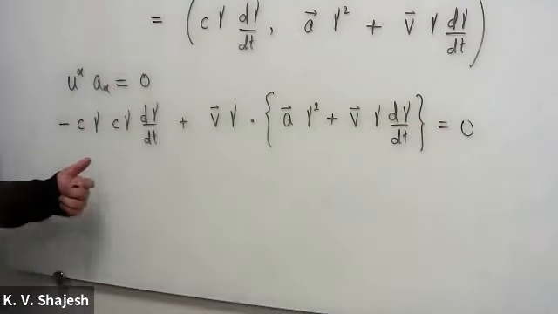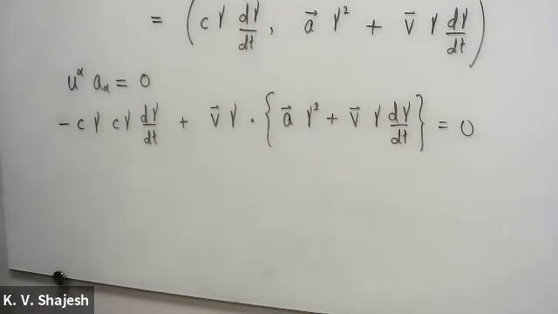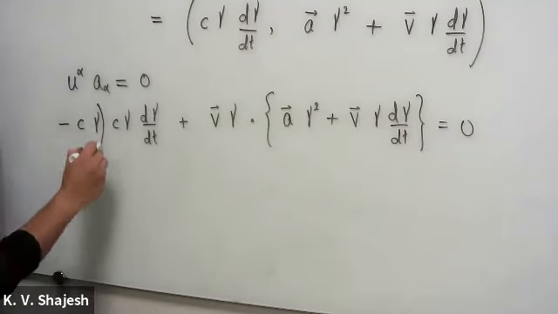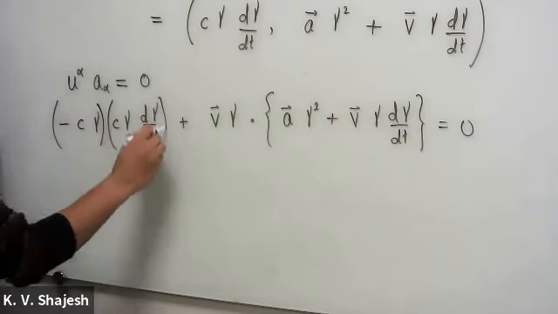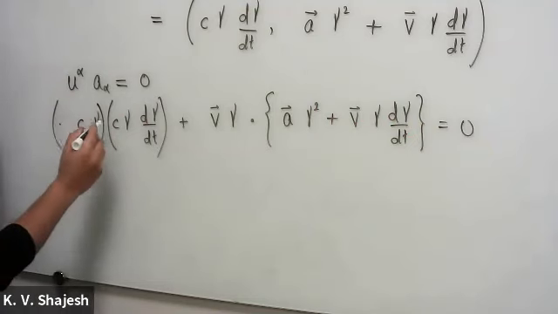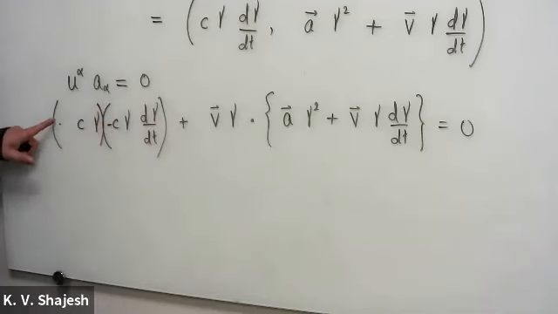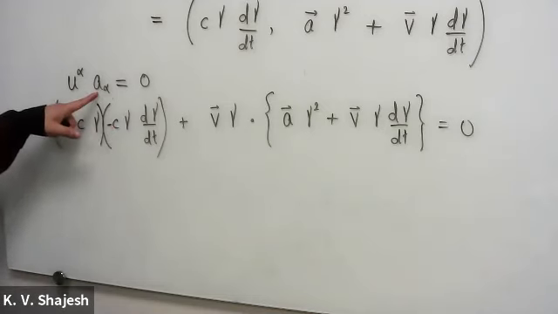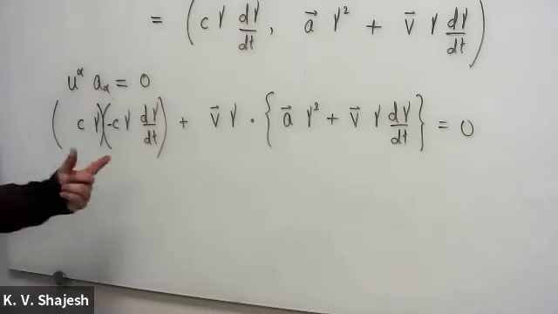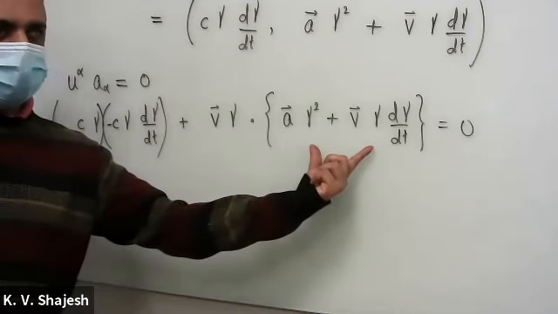This is the 0th component of U. That's the 0th component of acceleration. This is the space part of velocity. That's the space part of acceleration.